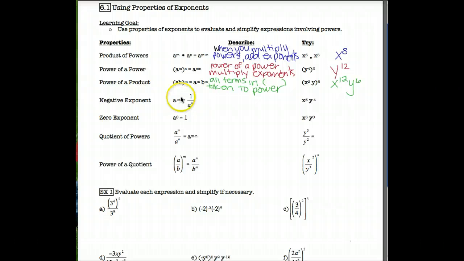Negative exponent rule. When you have a negative exponent, you cannot leave that in your answer because it's not in simplest form. So no negative exponents in your answers ever. And the way we deal with negative exponents is that we make negative exponents positive by using the reciprocal.